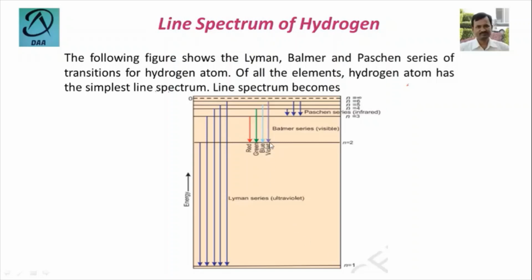Then it is this ultraviolet region. And when n1 in the equation is 2, then it is the visible region. And when the number is increasing, it will go to the infrared region.